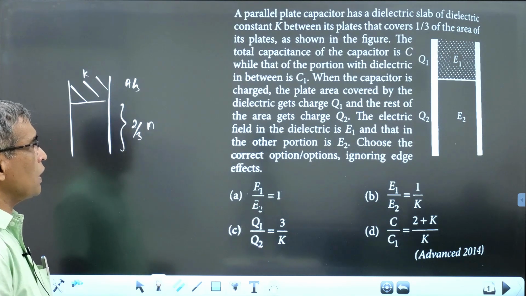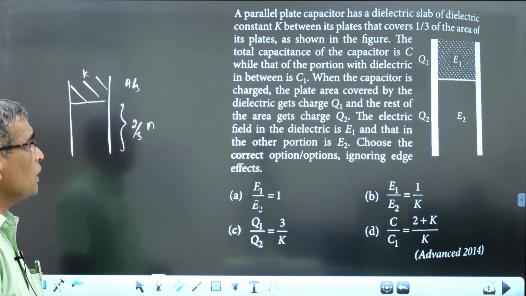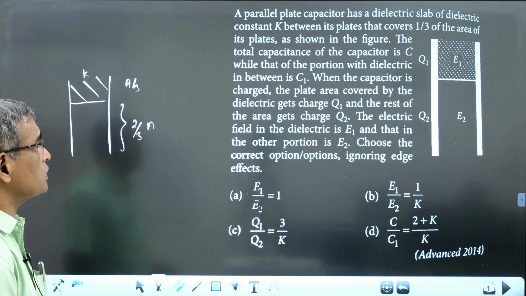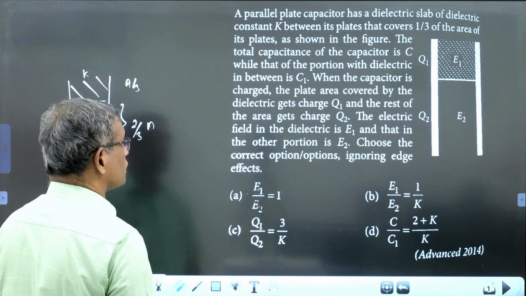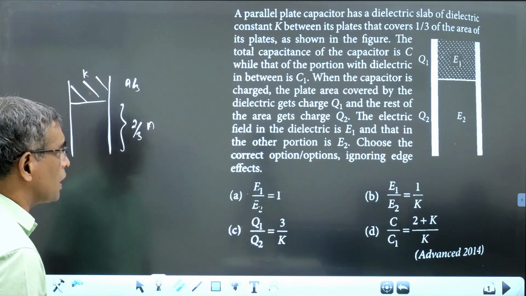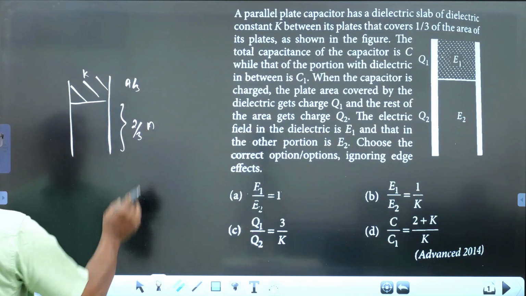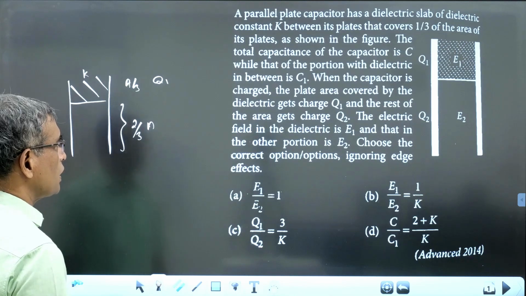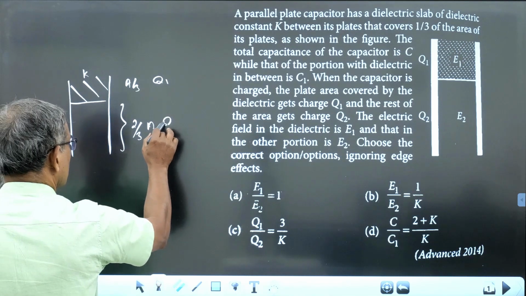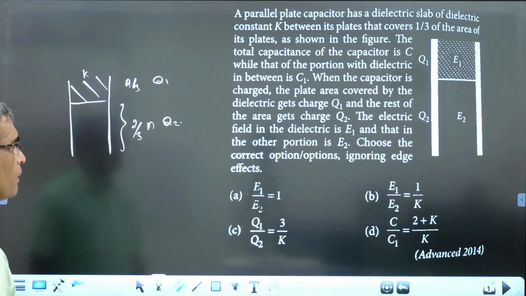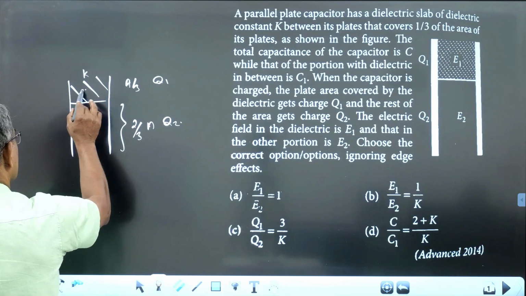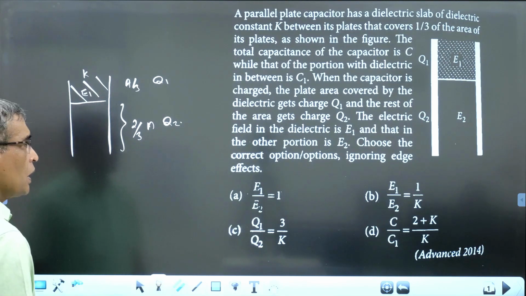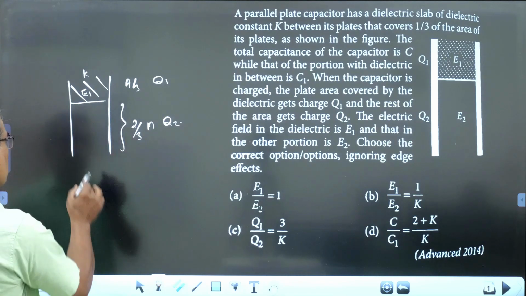Again, it is said that when the capacitor is charged, the plate area covered by the dielectric has charge Q1 and the rest of the area gets charge Q2. The electric field intensity in the dielectric is E1, and that in the other portion is E2.